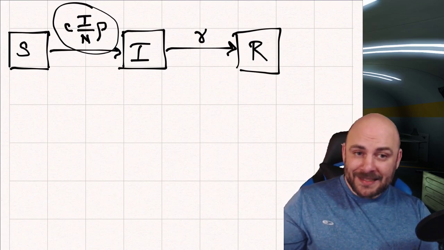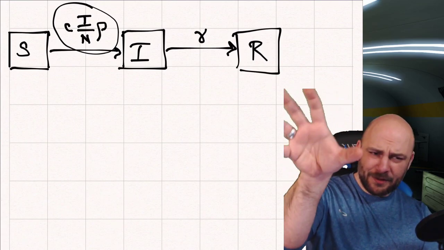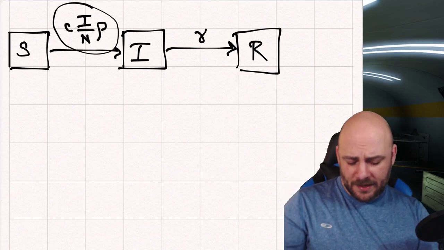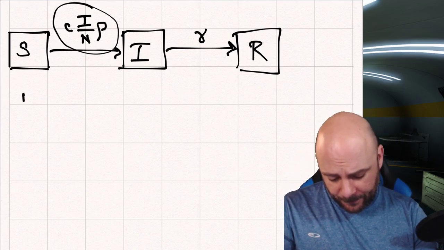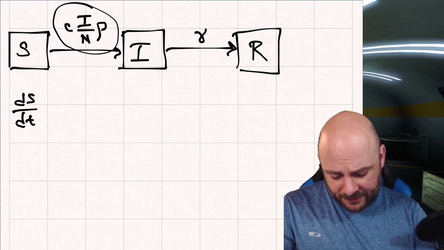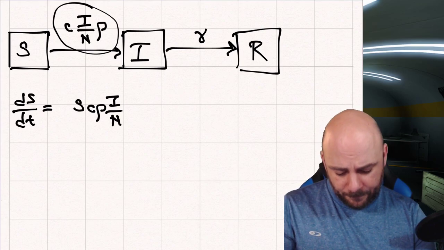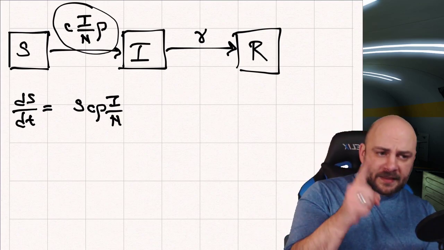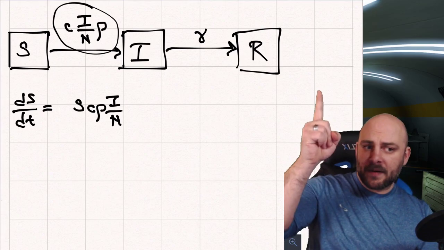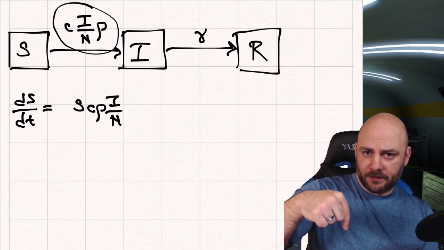And what we get when we consider this compartmental model and write it down in equations is the following. dS/dt equals, now I'm going to write S C rho I over N. Now I have to think about this. Is this going to be increasing my population or decreasing my population?